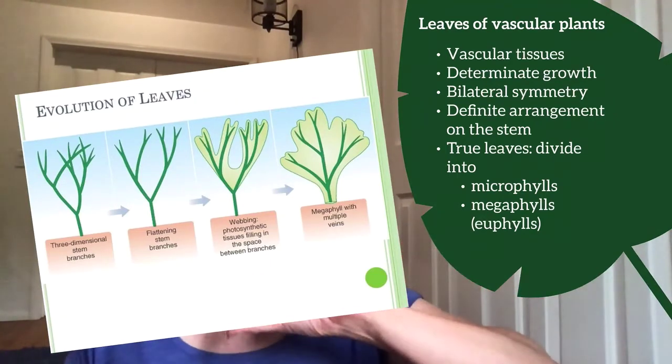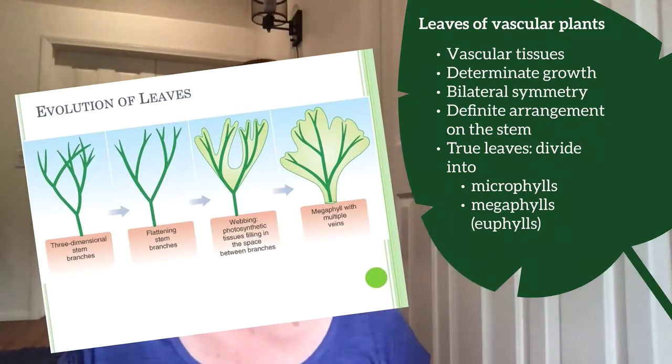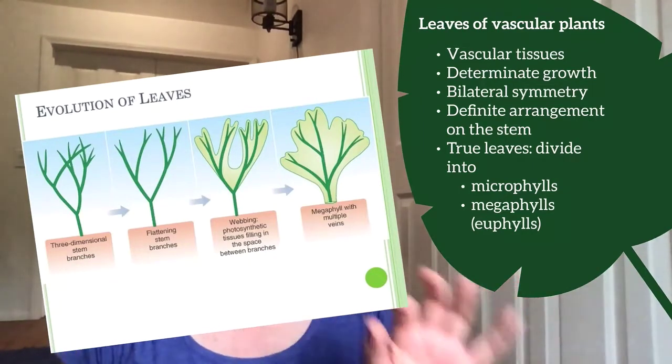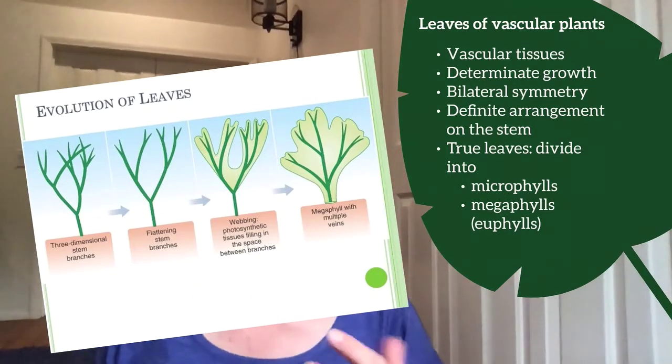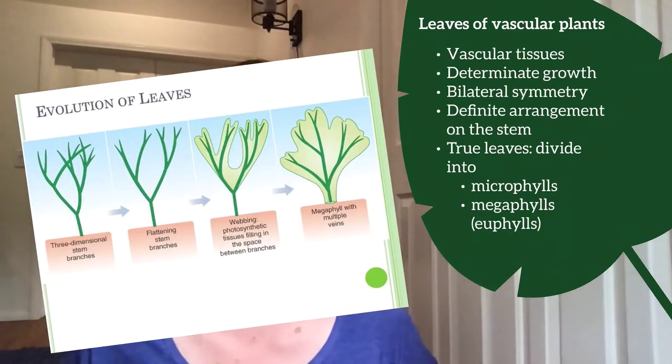That means the vascular tissue, the tracheids, just run right down, usually down the middle. It probably evolved from a small projection from the stem itself. So the stem just got a little projection and then began to branch off and form the small leaf. Again, it's just a small, kind of rounded projection that comes off.